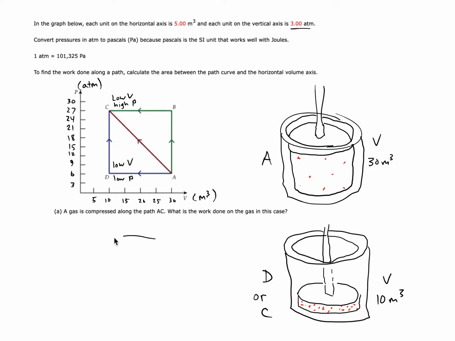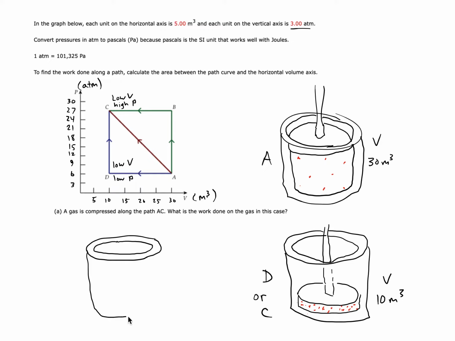So if we're talking about state D, we're at 6 atmospheres of pressure. But if we're in state C, we're at 27 atmospheres of pressure.